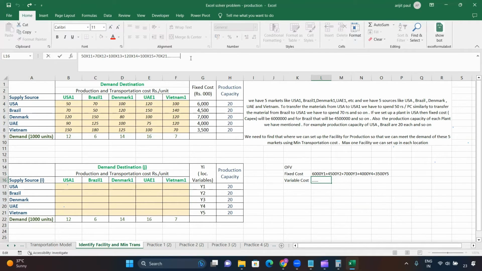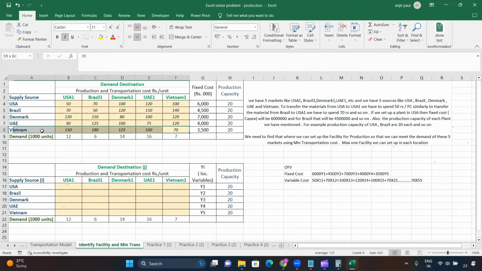If we consider the last, then we can mention 70 x55. 70 x55 means Vietnam, that is source number 5, and to Vietnam market, that is also destination number 5. So this way, we need to go from here up to this level to build the mathematical model for the variable cost.